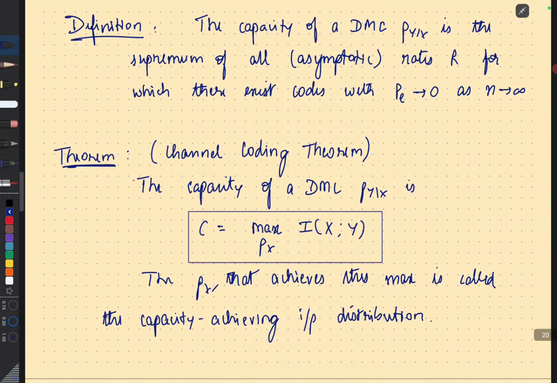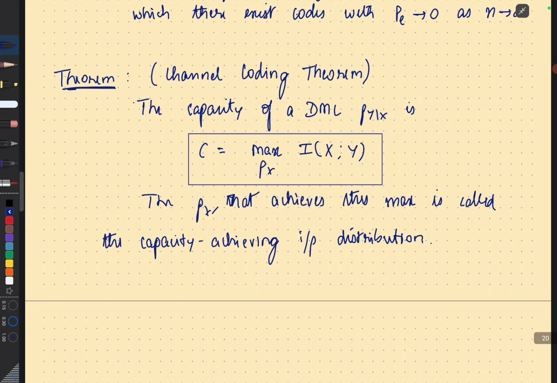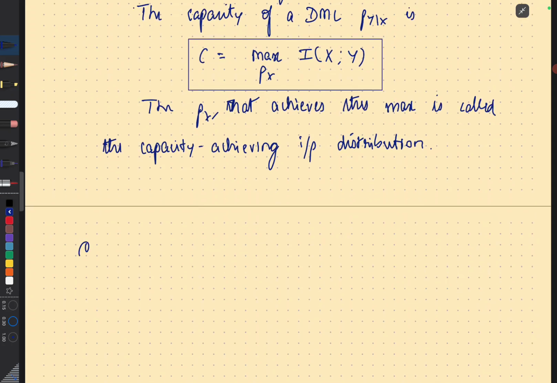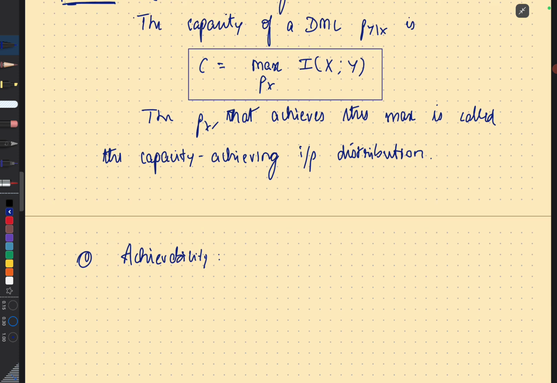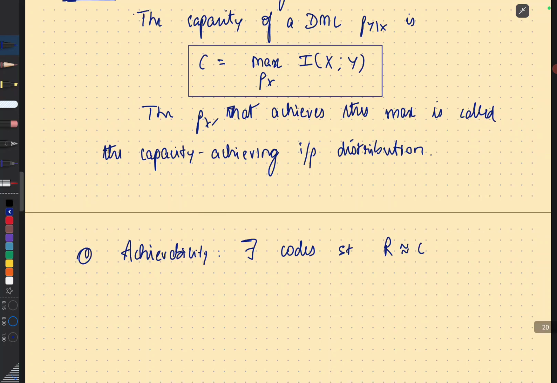This, coupled with the definition of capacity, means that, number one, there exists a sequence of codes for which the rate is arbitrarily close to the capacity and the probability of error goes to 0 as n tends to infinity.